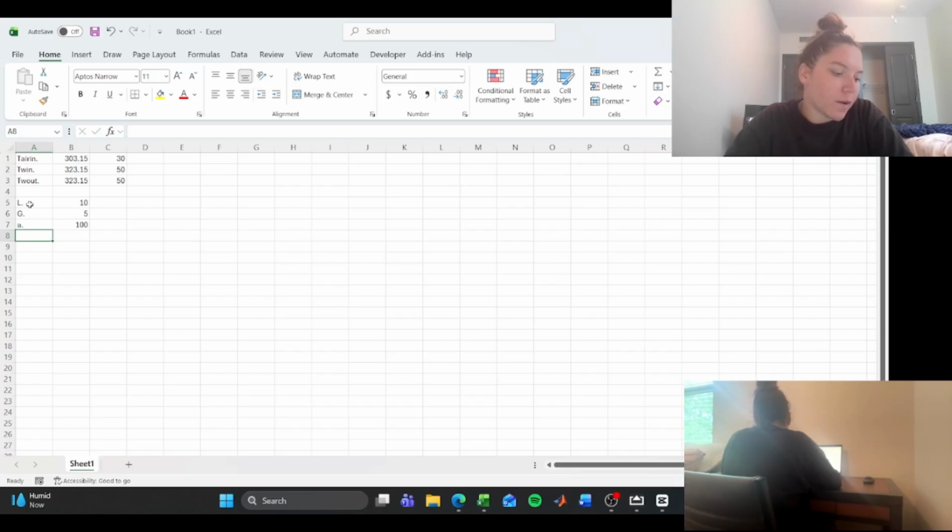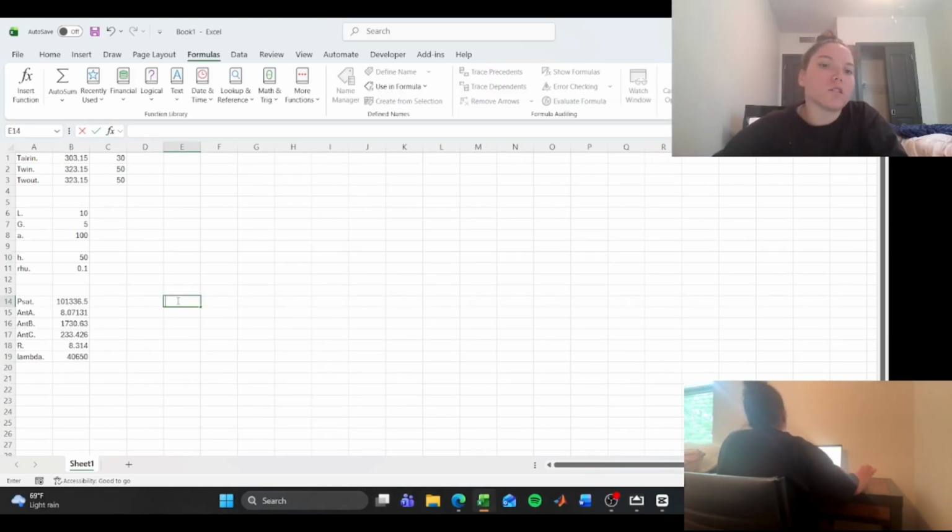We're also given that the heat transfer coefficient is 50. And then the relative humidity is going to be 10%. Okay, so I just plugged in the information for the Antoine equation.